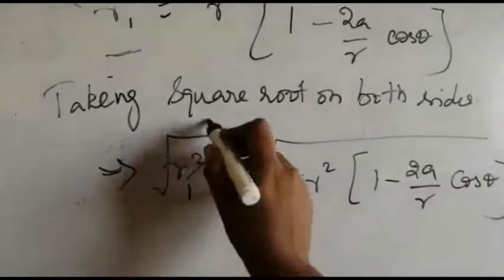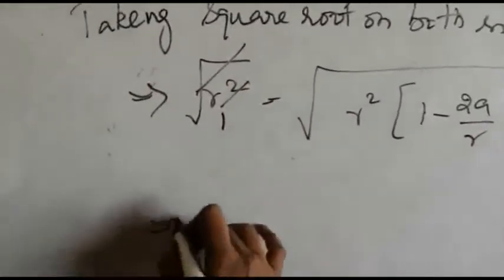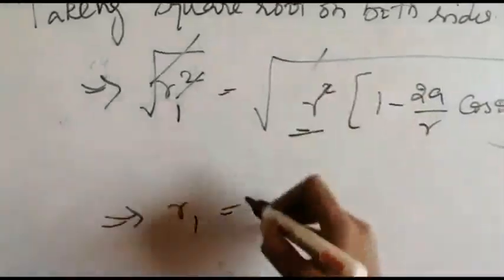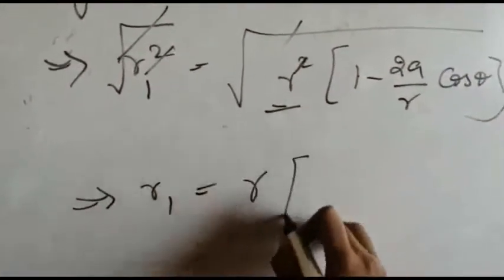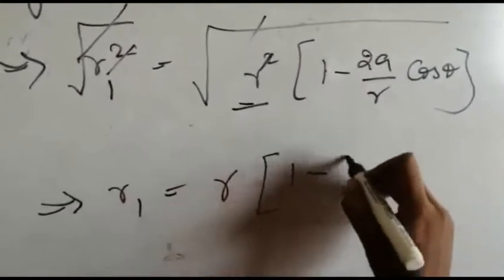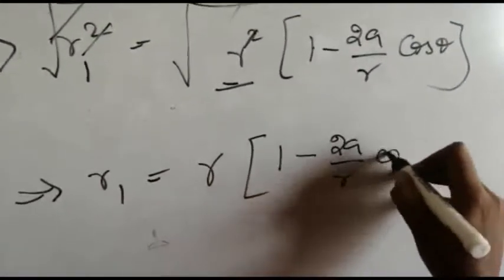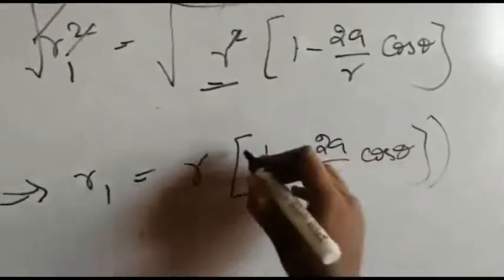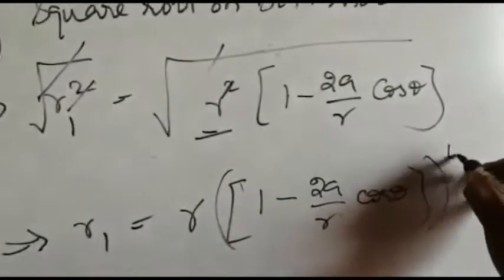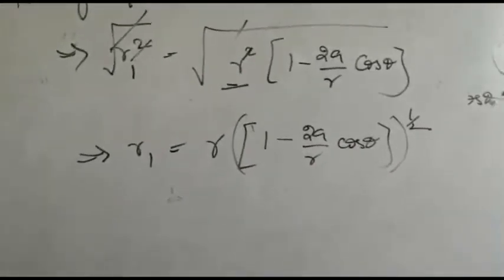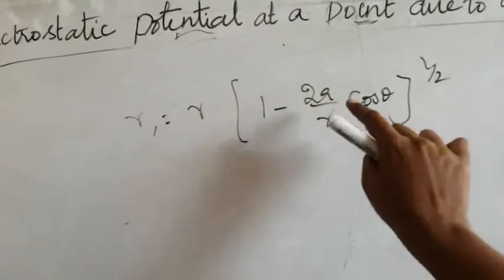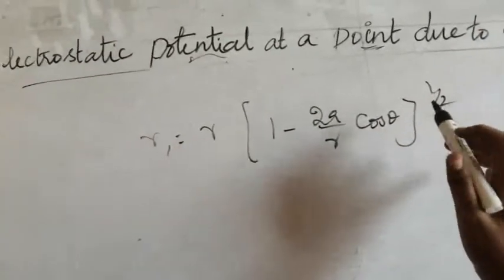This r square and square root will get cancelled off, so it is r1 equal to, for this term alone square and square root cancelled off, so it is r. For this term it is 1 minus 2a by r cos theta. It is in the root. I am writing it as whole power 1 by 2. So I have r1 equal to r into 1 minus 2a by r cos theta whole power 1 by 2.